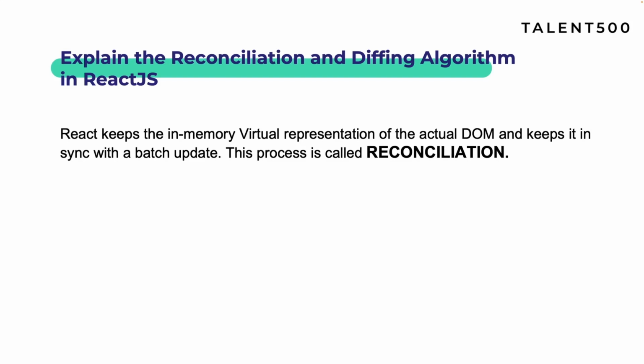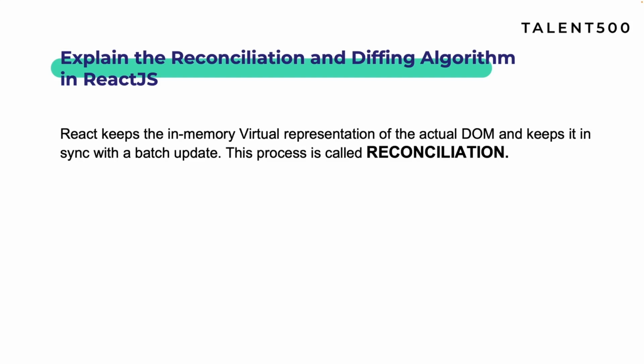What we understood is that virtual DOM is an in-memory representation of the DOM, and React doesn't update the actual DOM directly. Rather, it works on the in-memory representation of the actual DOM, which is nothing but the virtual DOM. So React keeps the in-memory virtual representation of the actual DOM, and keeps it in sync with the actual DOM with a batch update.